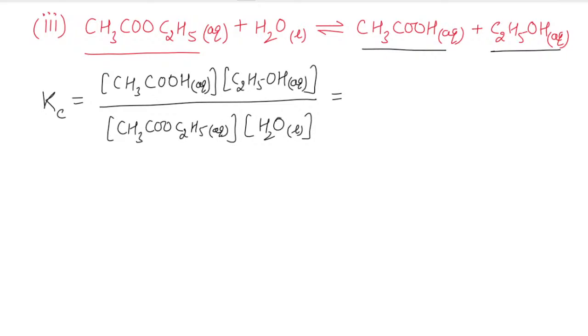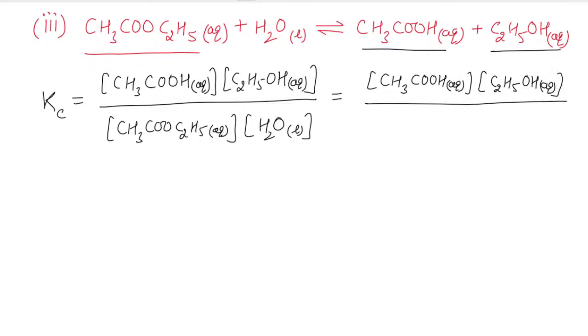But H2O liquid we should not write. So now it becomes CH3COOH aqueous times C2H5OH aqueous divided by ethyl acetate aqueous. So this is the final expression. You should write it like this. There is no need to write H2O liquid in the final expression.